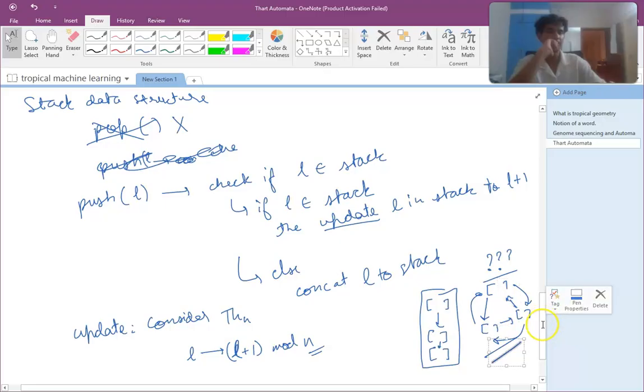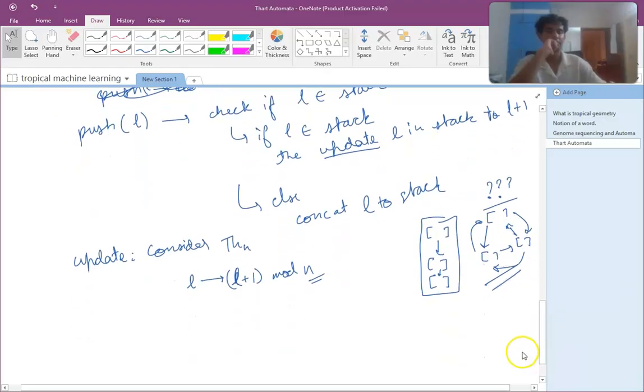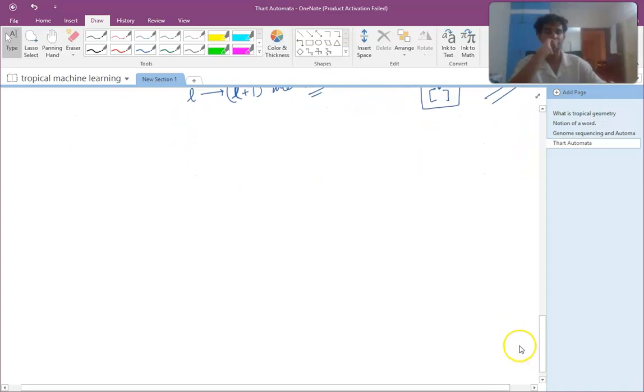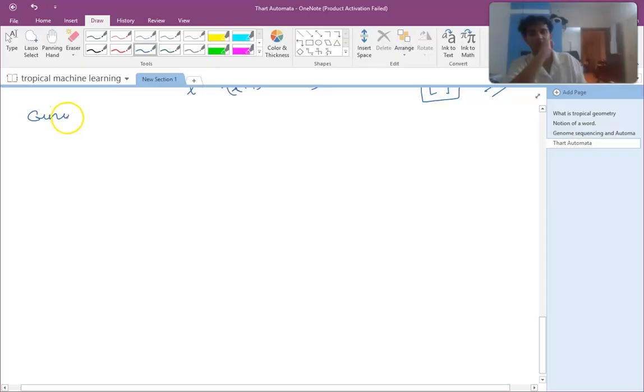And lastly, let me talk about how we're going to apply this to genome sequencing. So I'm going to take a third automata. Okay. I'm going to treat it as equivalent to a Markov chain.